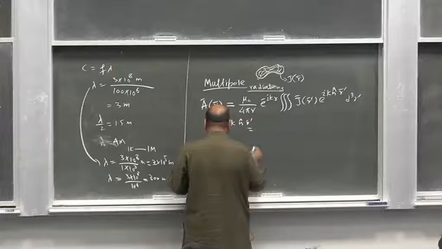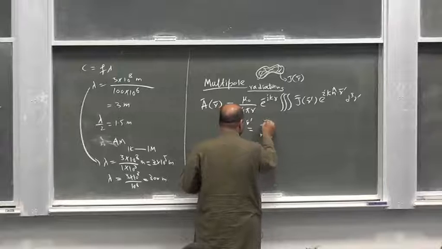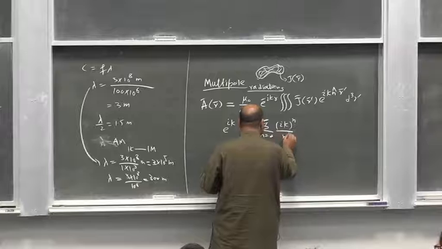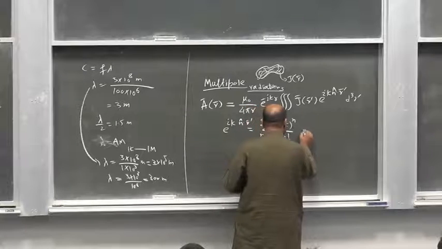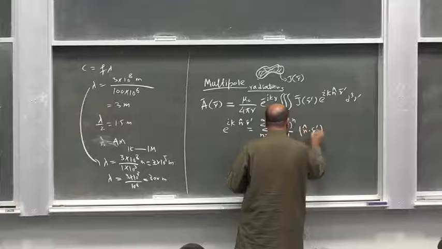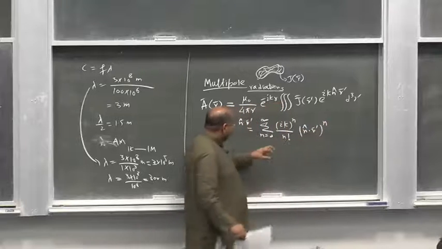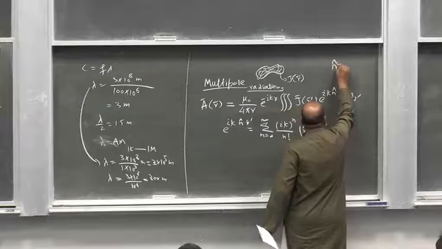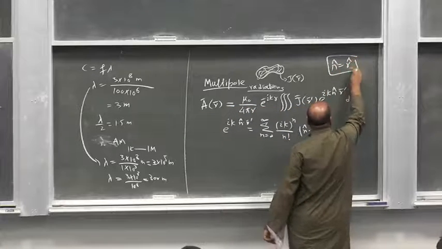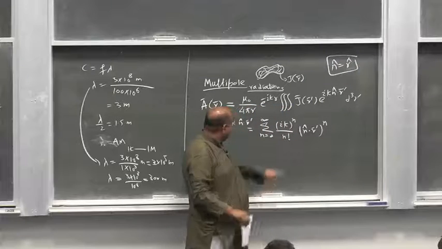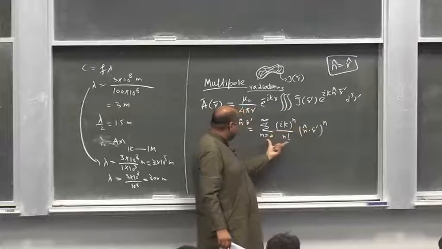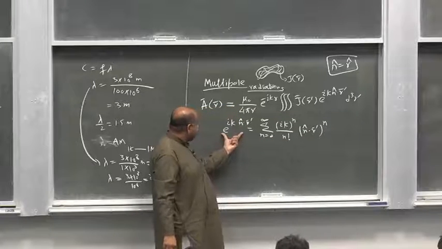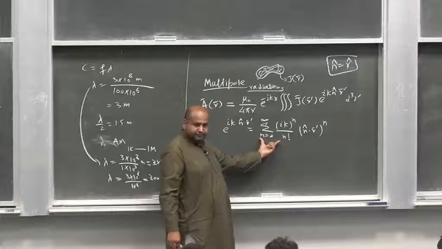Now the Taylor series for this is... don't confuse this n hat. This n hat is actually r hat. I think I should have used a different symbol, but we started with this. And this n is the index of summation for this series. So you can expand this in a Taylor series like this.